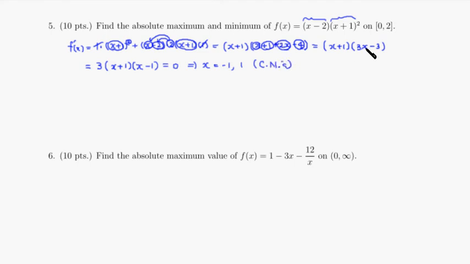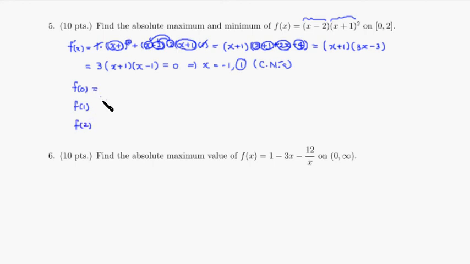But since we're trying to find the absolute max and absolute min on this interval from 0 to 2, the only thing that we need to consider is 1, because negative 1 is not included in this interval. So we have 3 places we need to look at: the left endpoint, 0, the critical number 1, and also the right endpoint, which is 2.